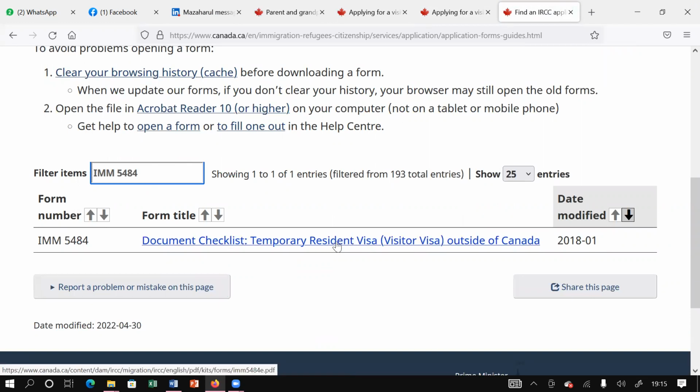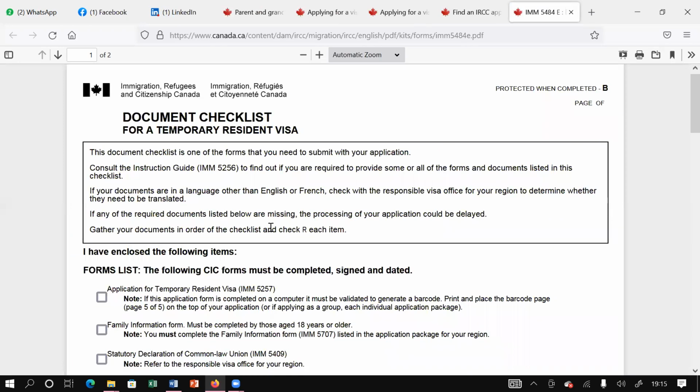Yeah, this is the document checklist, temporary resident visa outside of Canada. And here is the PDF. All the things are quite organized.